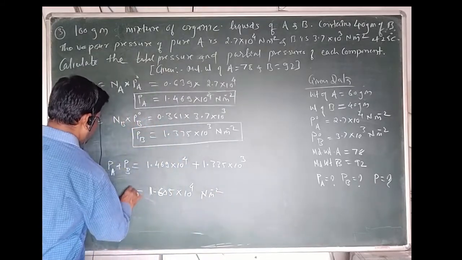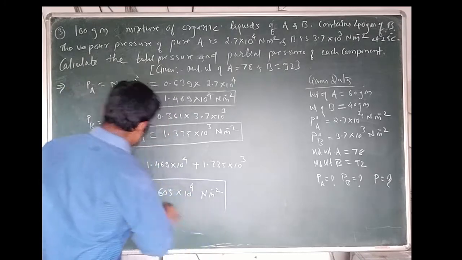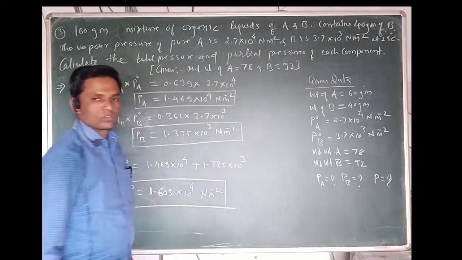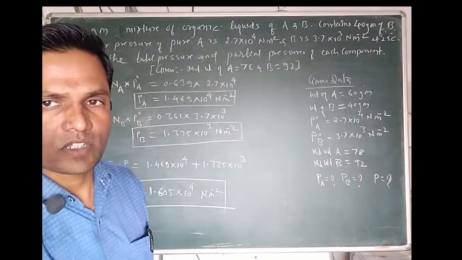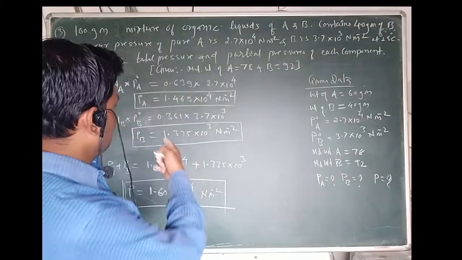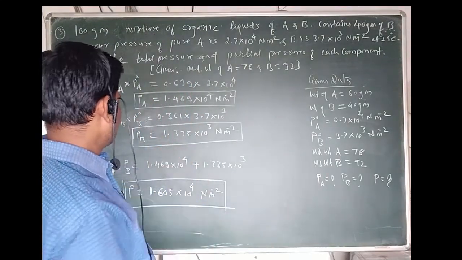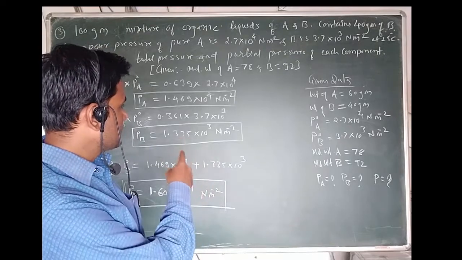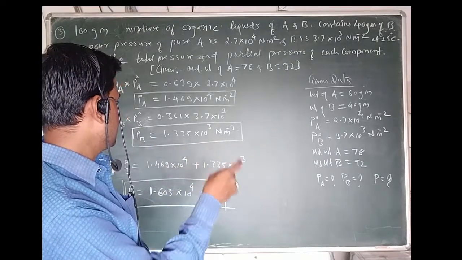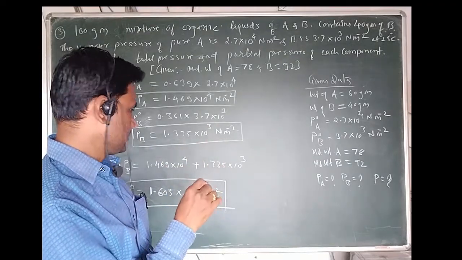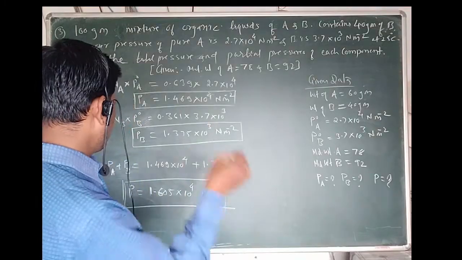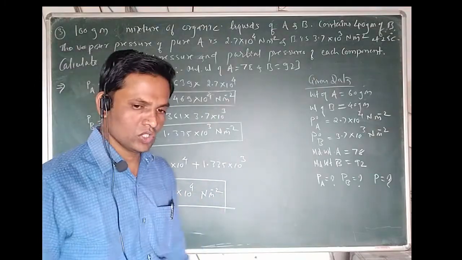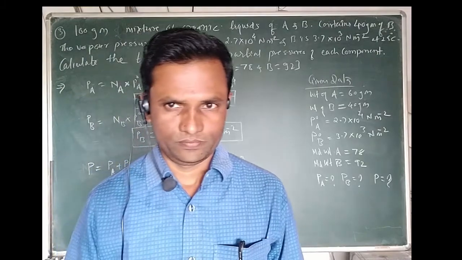So this is the total vapor pressure. Here we can see the partial vapor pressure of A is 1.469 into 10 raised to 4, that of B is 1.335 into 10 raised to 3, and the total vapor pressure is 1.605 into 10 raised to 4.